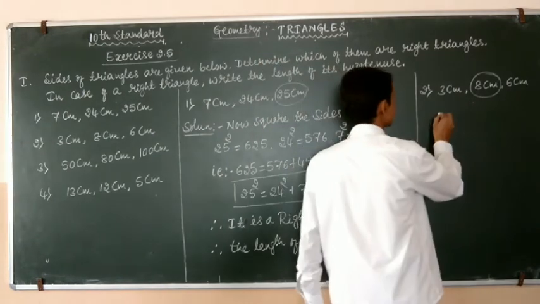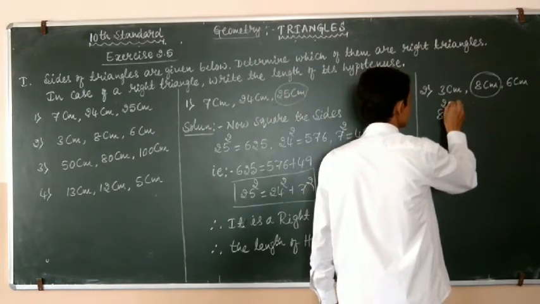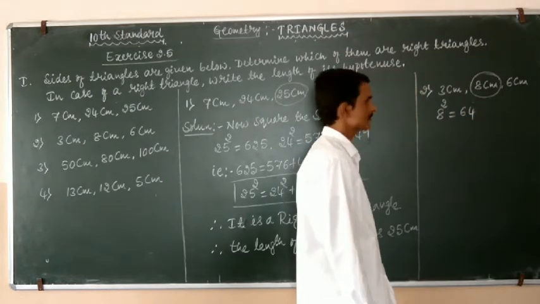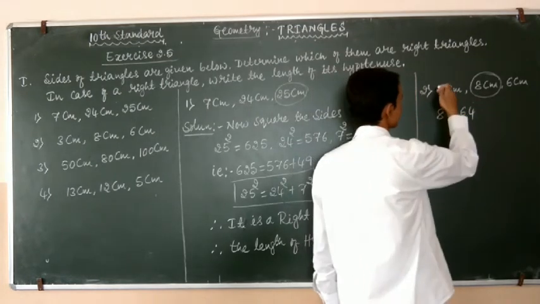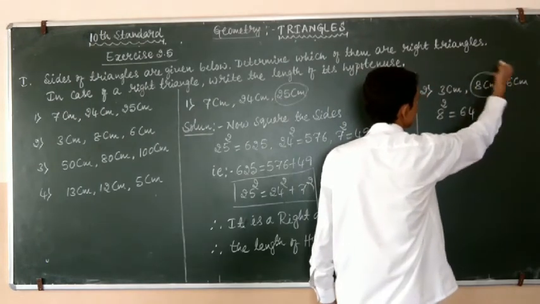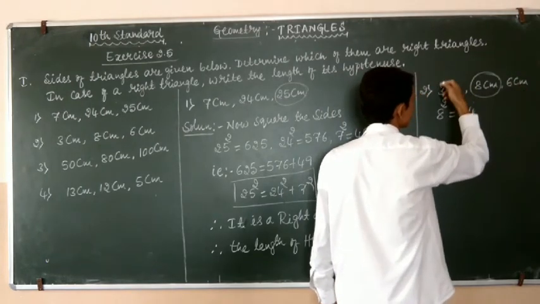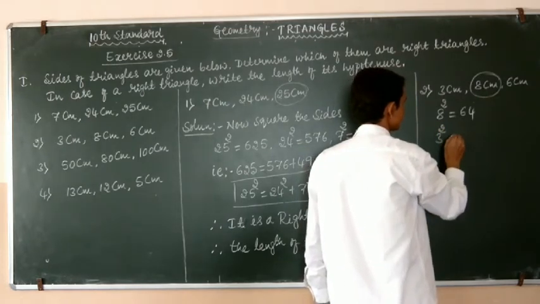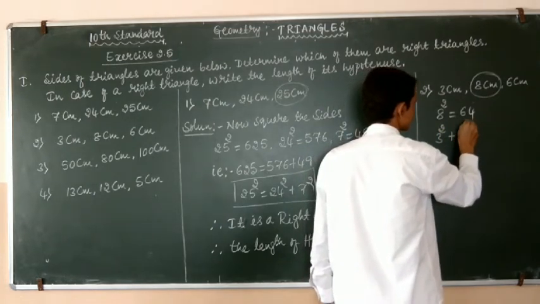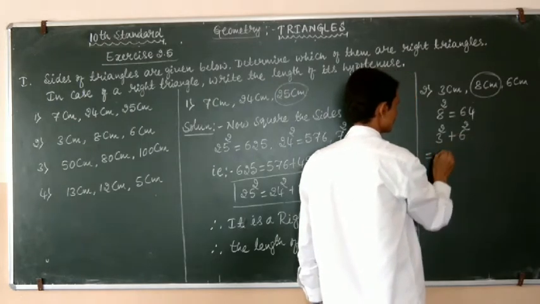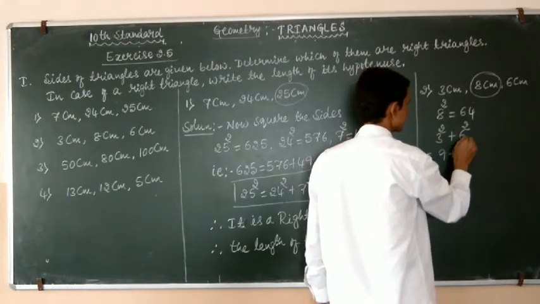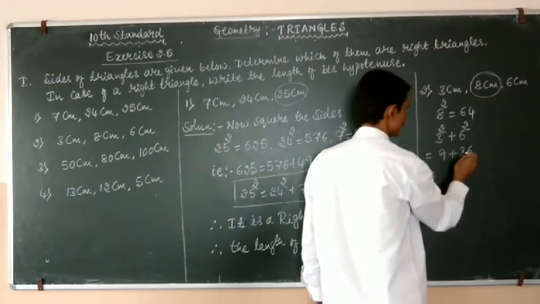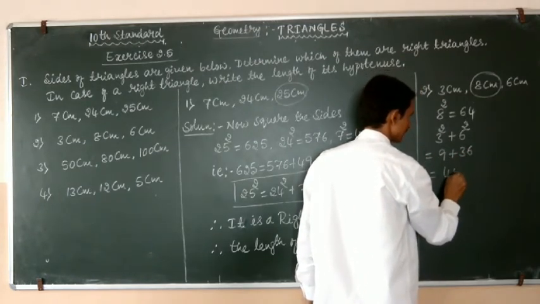If you square it, 8 square, you will get 64. Now add the squares of the other two sides. That is 3 square plus 6 square: 3 3s are 9 plus 6 6s are 36, which equals 45.